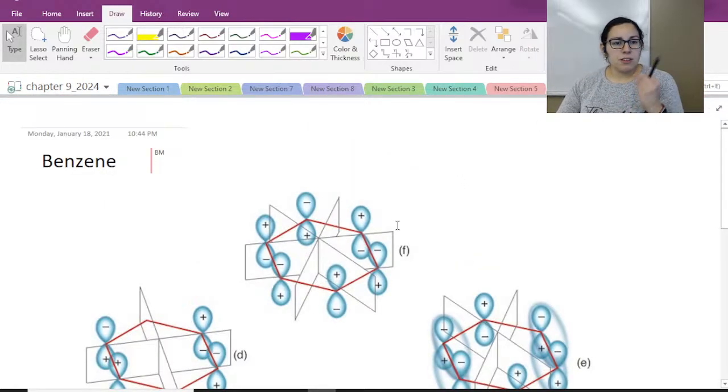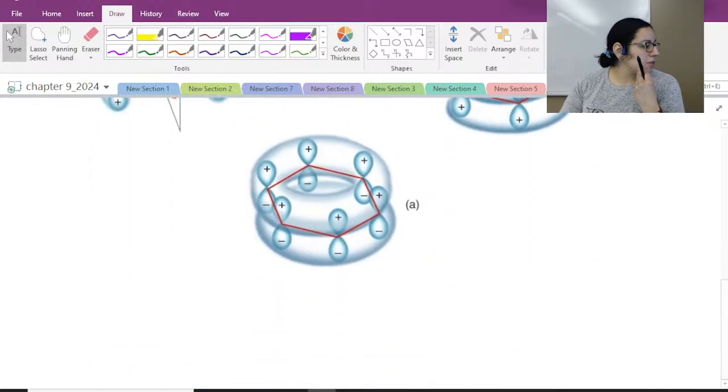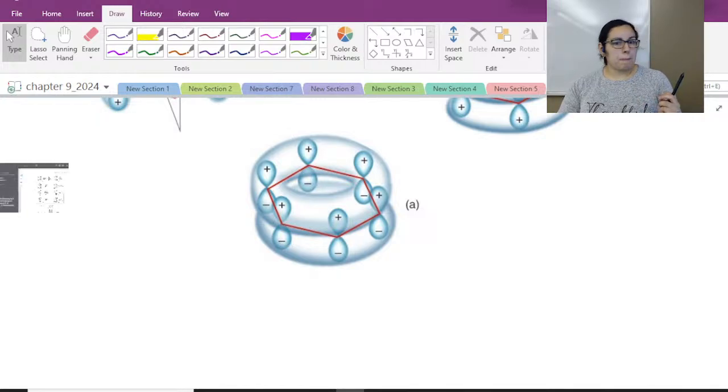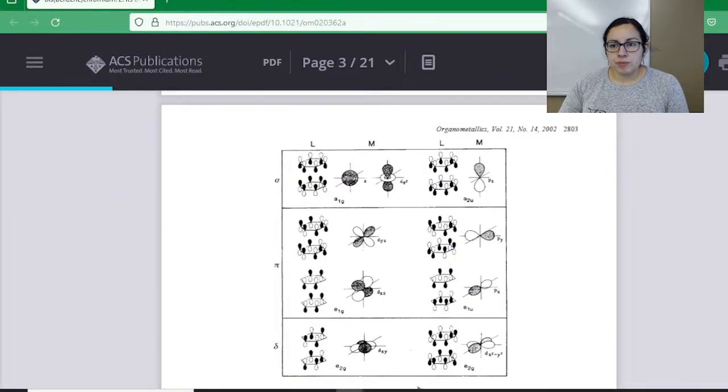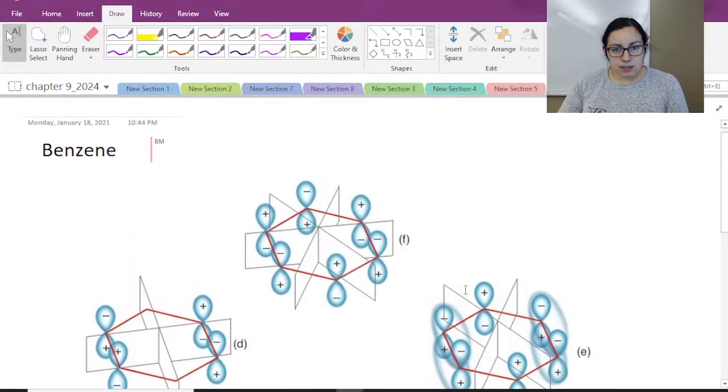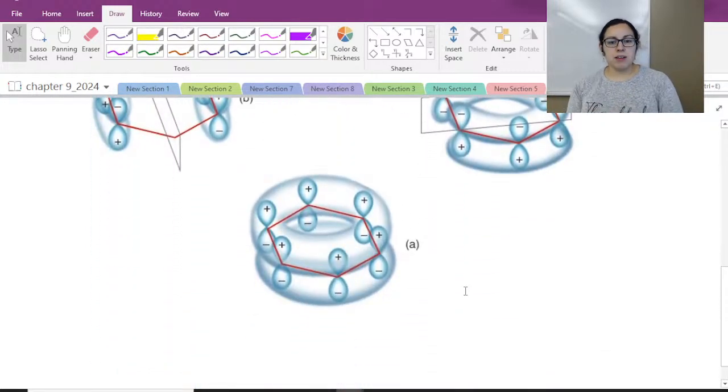So I did want to get into and at least kind of talk about some of these metal complexes. Sorry, I had an MO diagram pulled up and I lost it. And so last week, I kind of mentioned we had benzene.